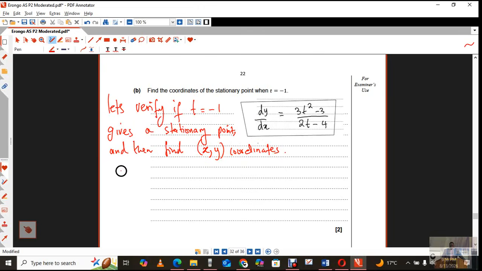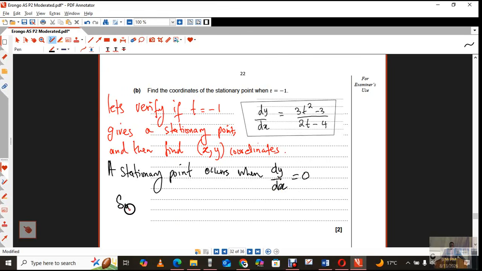Right. What do we know? A stationary point occurs when dy/dx is equal to 0.